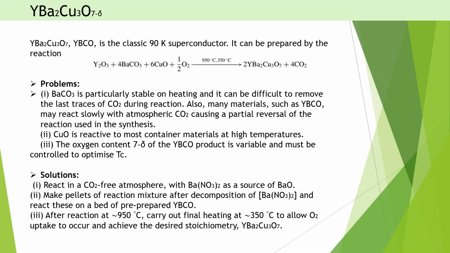Example: Li4SiO4. The synthesis of Li4SiO4, which is used as a solid electrolyte, illustrates challenges in solid state chemistry. The reactants are Li2CO3 and SiO2. However, Li2CO3 melts around 720 degrees Celsius and can react with many crucible materials.